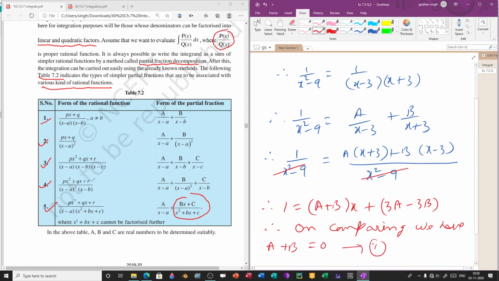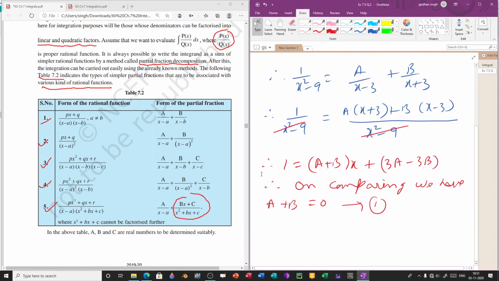For the second, the constant part on the left hand side is 1, and on the right hand side we have 3a minus 3b. So 1 equals 3a minus 3b, or we can rewrite this as a minus b equal to 1 by 3. Let this be equation number 2.